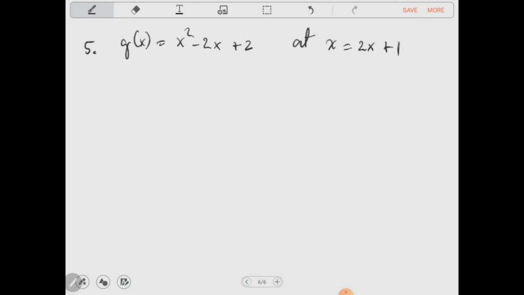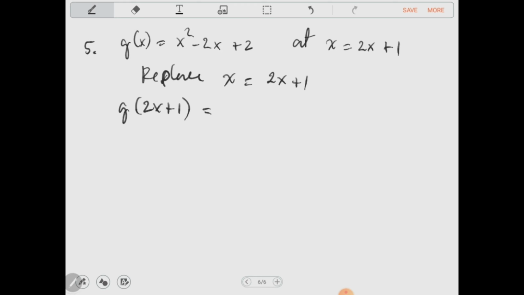So still, ganun pa rin yun naman yung gagawin nyo. Just have to replace the value of x, even if it's a number or expression, dun sa function natin. So let's do it. So replace x by 2x plus 1. Okay, so instead of writing g of x, you have to write this one as g of 2x plus 1, since your x equals 2x plus 1, and then substitute into your whole function.